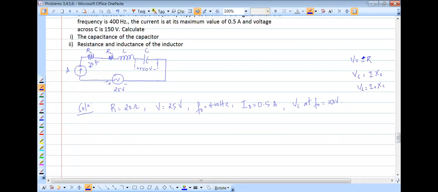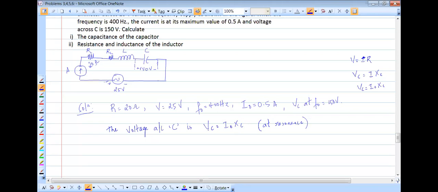So the voltage across capacitor C is VC equal to I naught into XC. This is at resonance, where VC at f naught is given as 150.